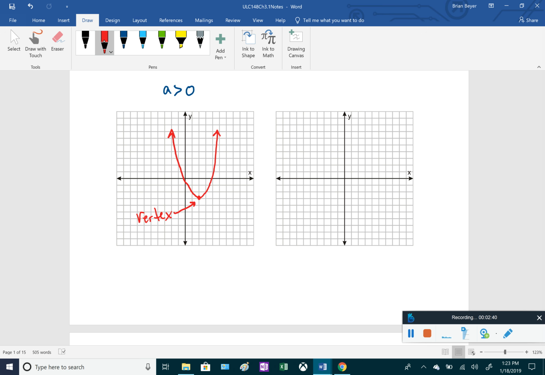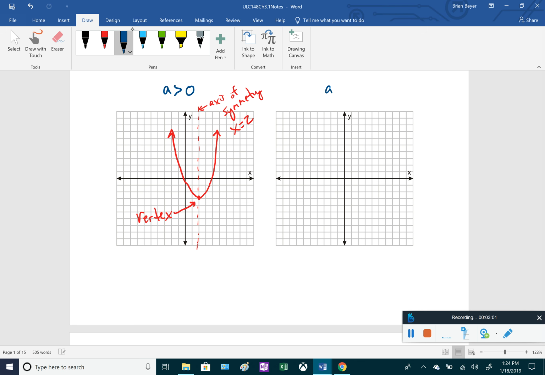And the axis of symmetry would be this right here, so it should be symmetric over this line. So it's a vertical line, so the equation for it is going to be x equals, in this case, 2. So it's the x coordinate.